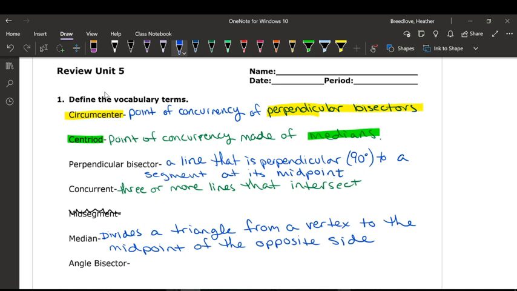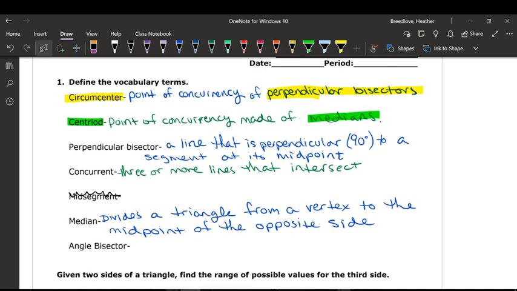And then the last one is angle bisector, which we should know this one by now because it's been on several tests already. It is a ray that divides an angle into 2 congruent parts, or 2 congruent angles.